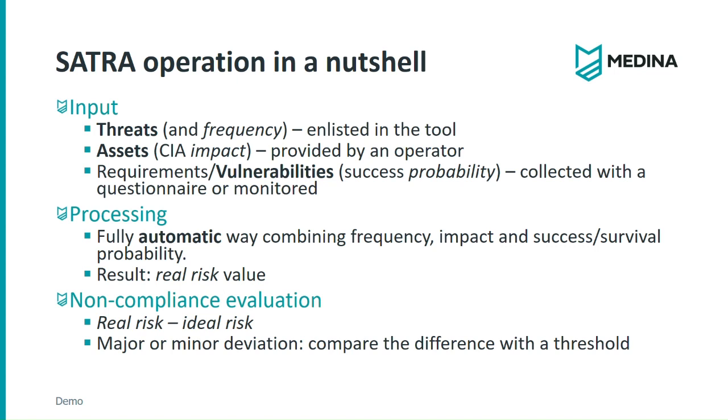It's a list that is already contained in the tool. Since we talk about cloud, we have, from our perspective, an exhaustive list of all possible threats. So the user should not take care of that. Those threats that are not relevant will simply be ruled out in the analysis if found irrelevant.